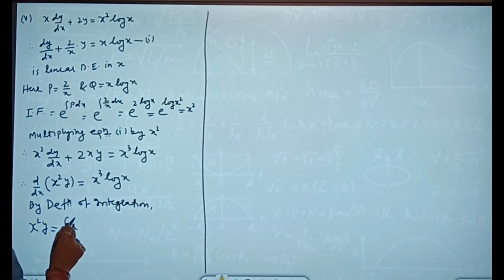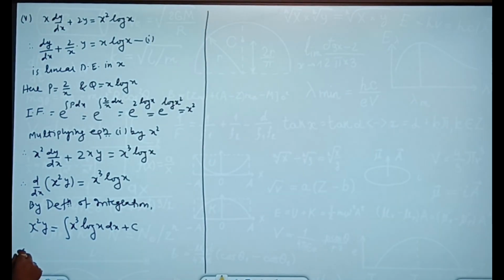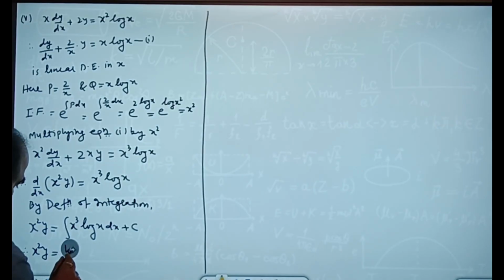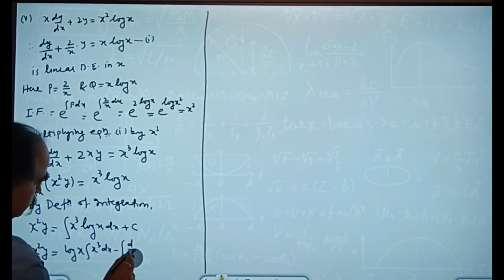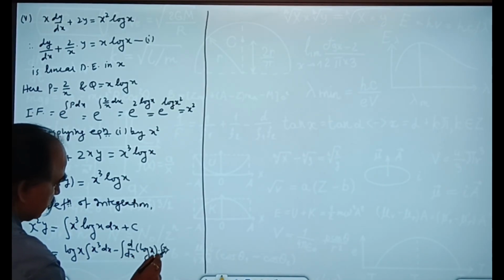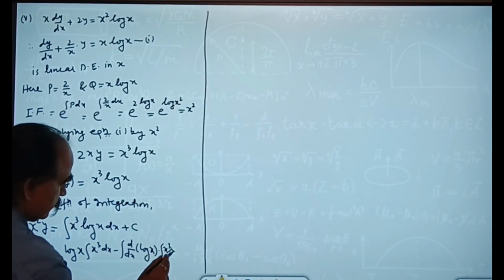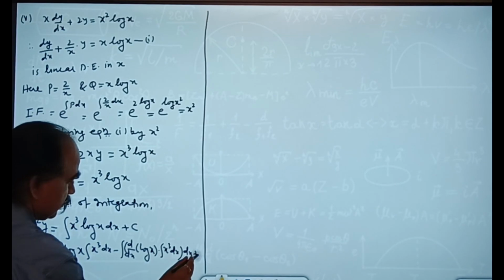Integral x³ log x dx + c. Using integration by parts: log x integral x³ dx minus integral of (derivative of log x into integral x³ dx) the whole dx + c.